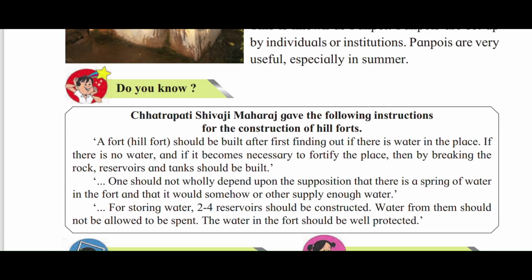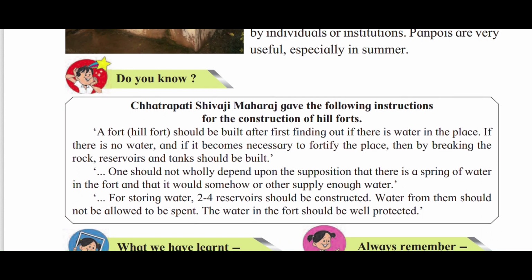Do you know? Chhatrapati Shivaji Maharaj gave the following instructions for the construction of a hill fort. A hill fort should be built only after first finding out if there is water in the place. If there is no water and it becomes necessary to fortify the place, then by breaking the rock, reservoirs and tanks should be built.